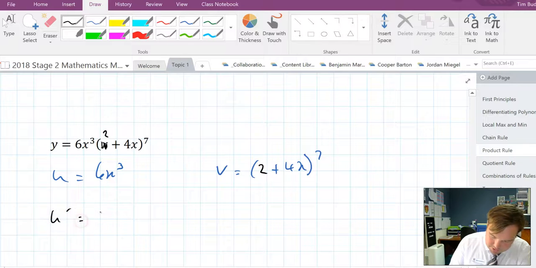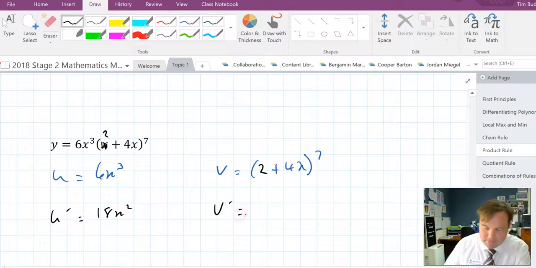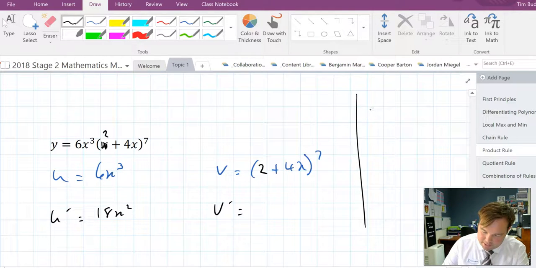U dash is 18x squared. V dash we have to think about a little, because v dash isn't necessarily simple. We could expand it out a really long way. So instead we take it off to one side and think outer. Well, the outer is u to the 7 and inner is 2 plus 4x.